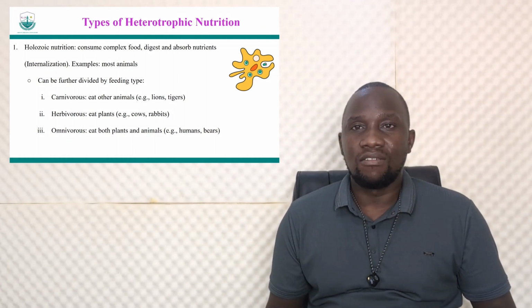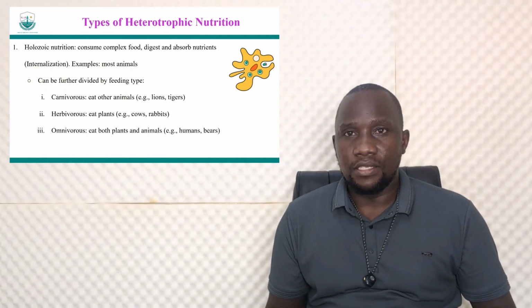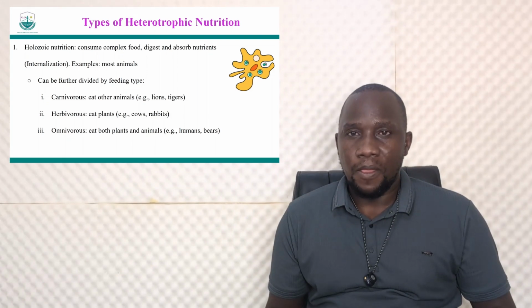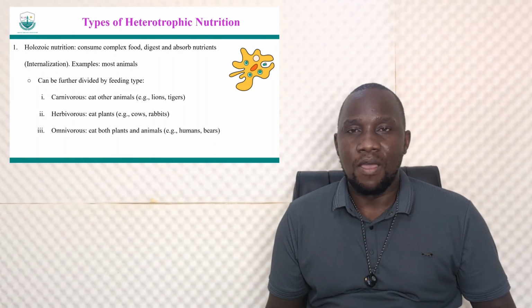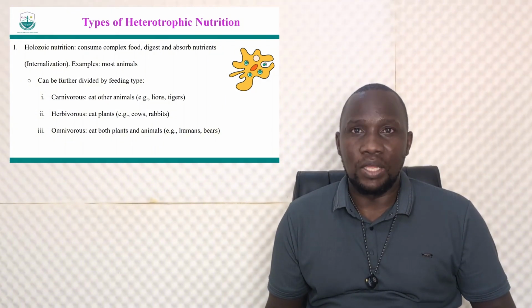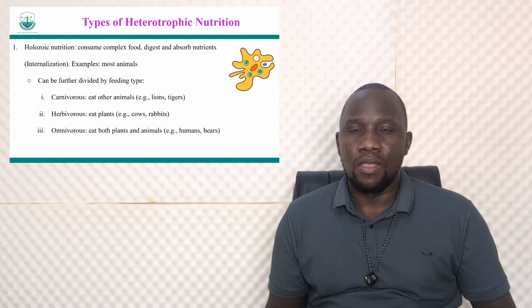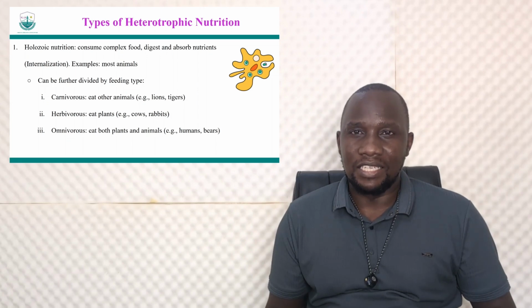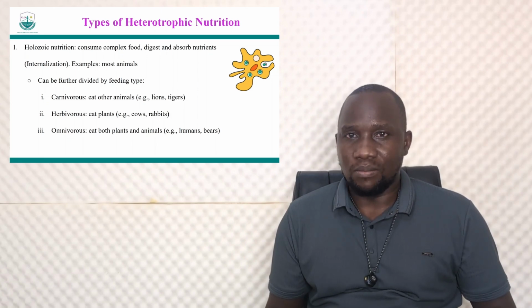Okay, so what you have on the screen is an amoeba that is actually feasting on some organism, and that is typically what heterotrophic nutrition is. But again, this is holozoic nutrition. The whole complex organism is actually going to be digested, and then the required nutrients will be absorbed.